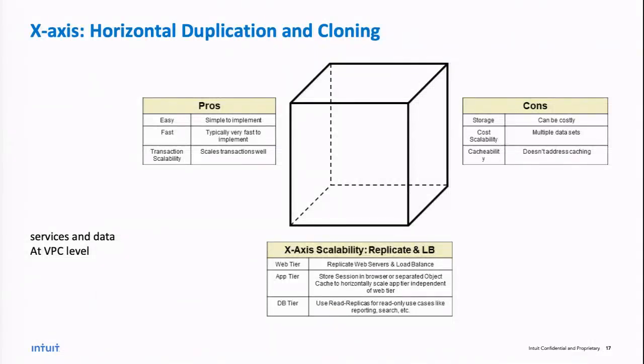And then it doesn't address caching. It's a very important point. Caching is basically for performance, right? So you do not make a DB call every time; you have a cache layer where you read the data from the cache, because the data in the cache and the DB is the same. These things are not taken care of when you duplicate the whole system.